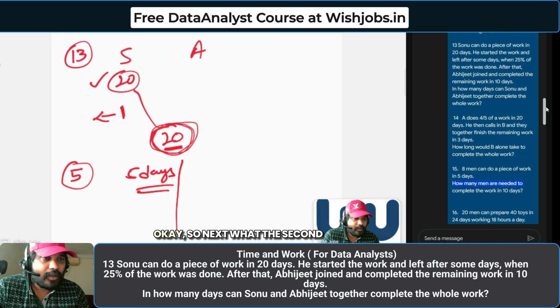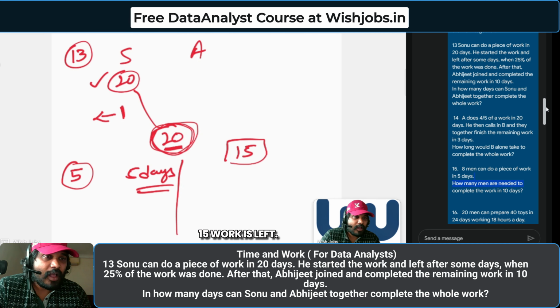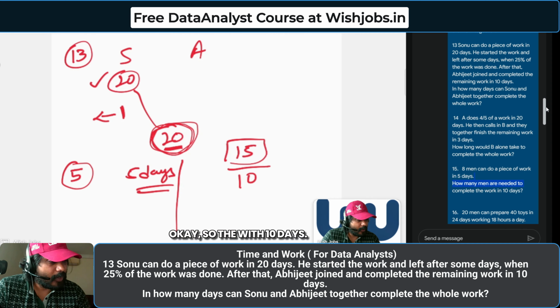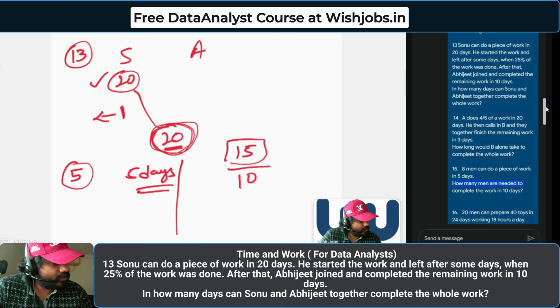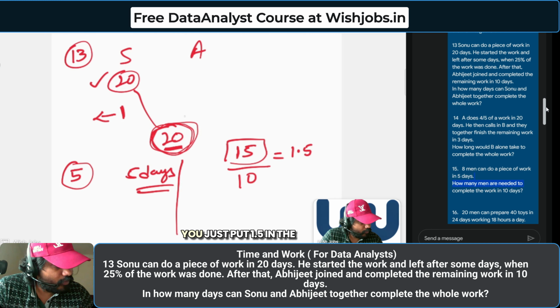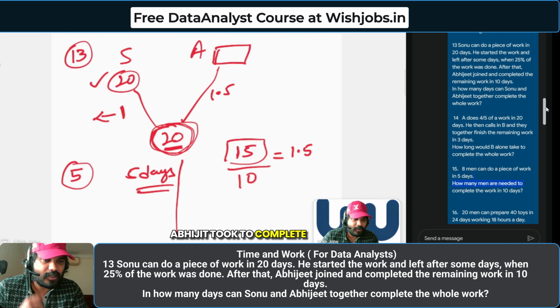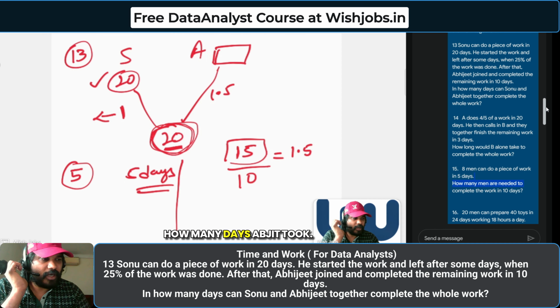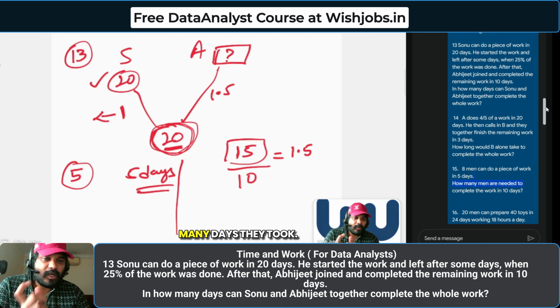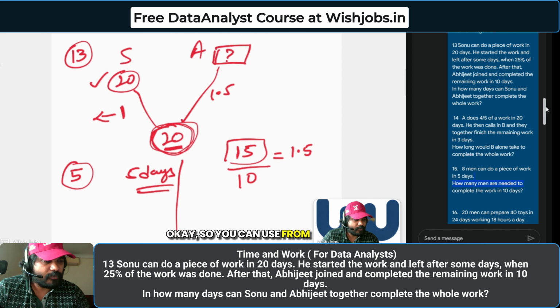Next, the second statement: after that Abhijit joined and completed the remaining work. So 15 work is left. He has completed it in 10 days. With 10 days and 15 work, the efficiency of Abhijit is 1.5. If you put 1.5 in the efficiency column, you will know how many days Abhijit took. But they are not asking that. They are asking how many days both together took.